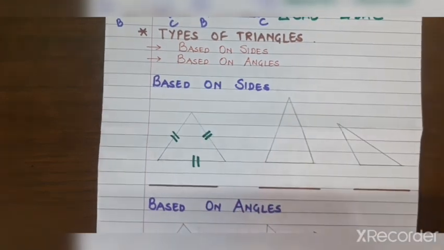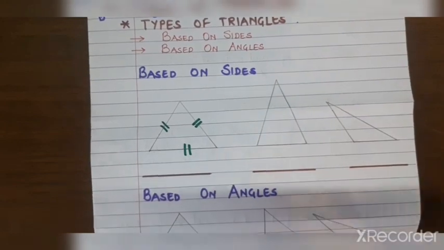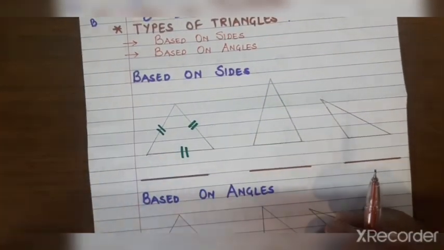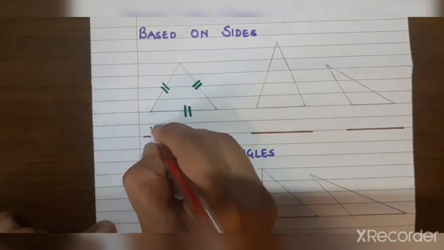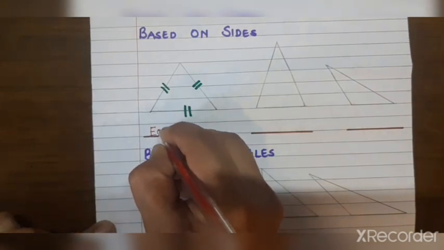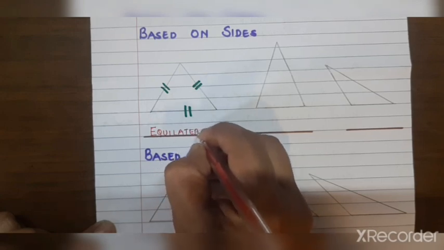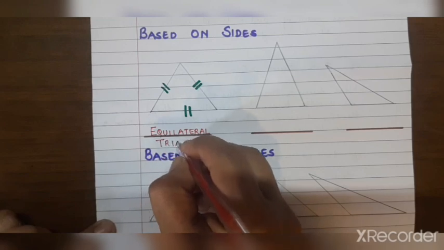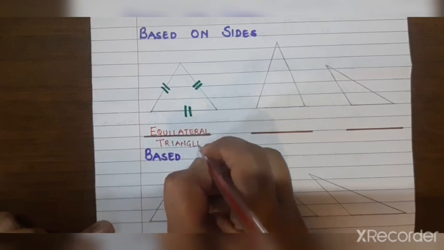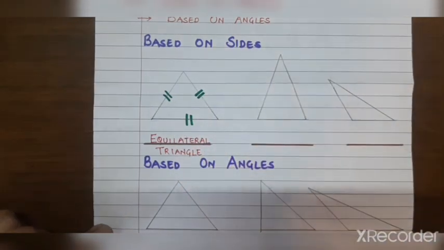And when all the three sides of a triangle are congruent, the name of the triangle is equilateral triangle. So remember, when all the three sides of a triangle are congruent, it is an equilateral triangle.